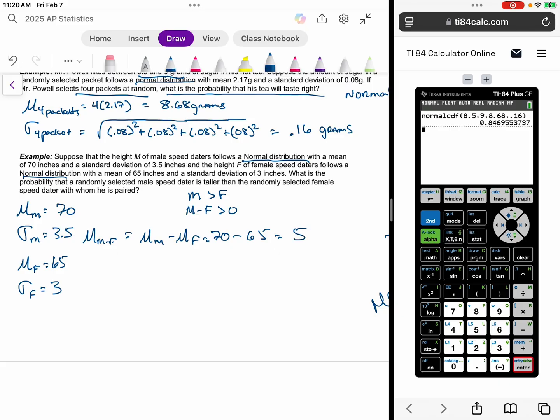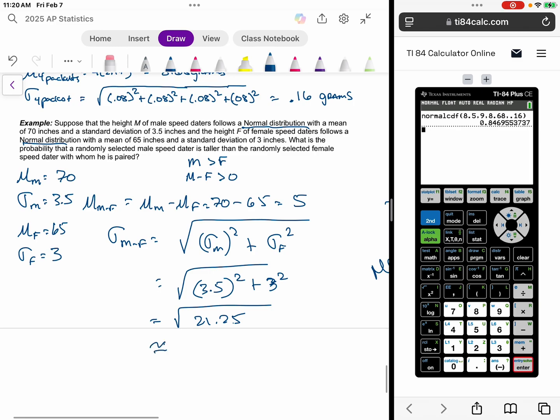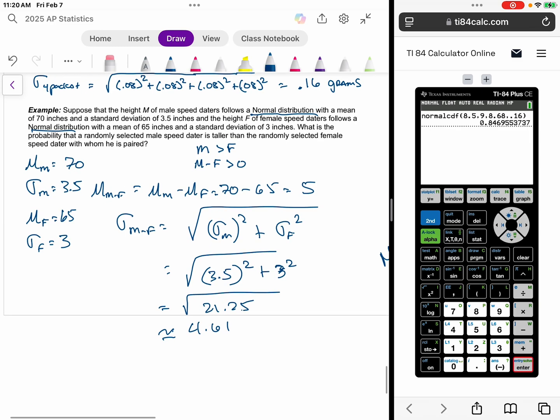The standard deviation of males minus females would be the square root of the standard deviation of males squared plus the standard deviation of females squared. So that would be the square root of 3.5 squared plus 3 squared, which is the square root of 21.25, approximately 4.61.